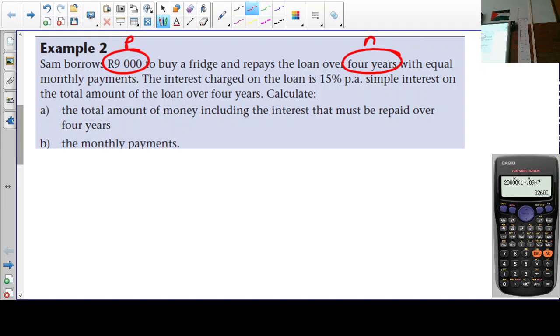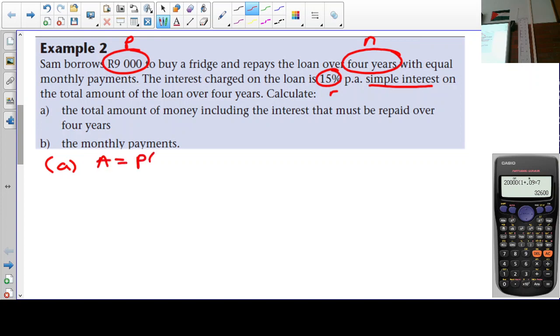The interest charged on the loan is 15% simple interest. So what is this? R. Simple interest. So when we read simple interest, what do we know? Simple interest formula. What's the simple interest formula?